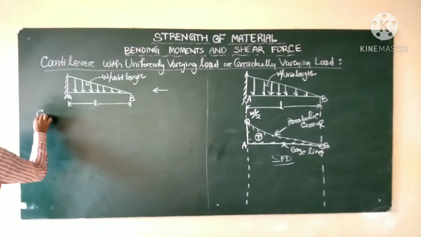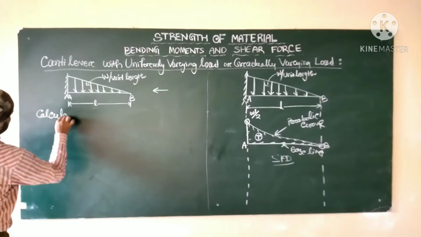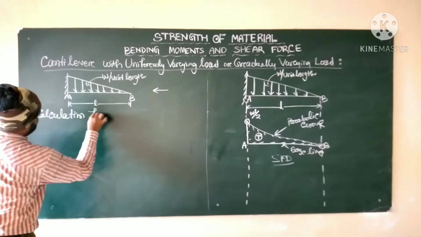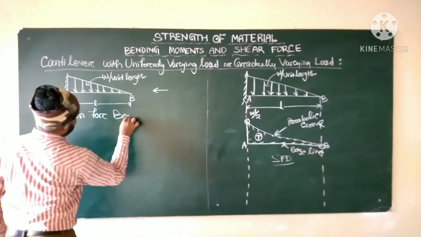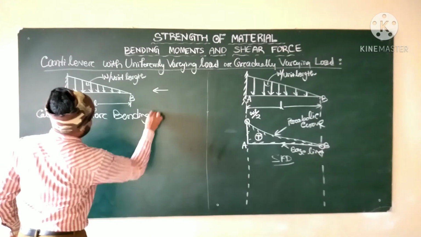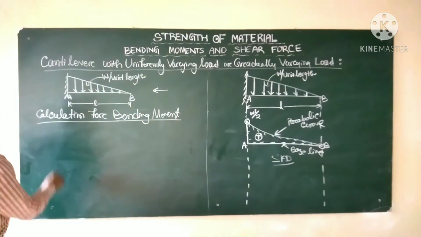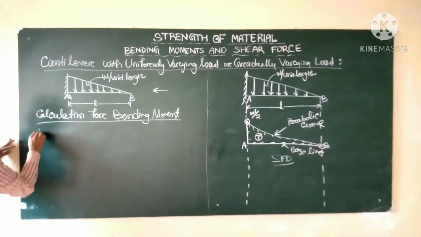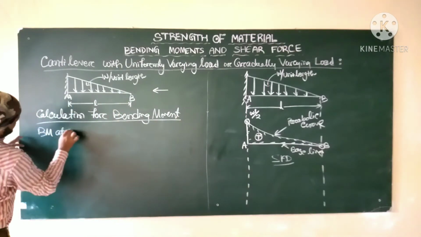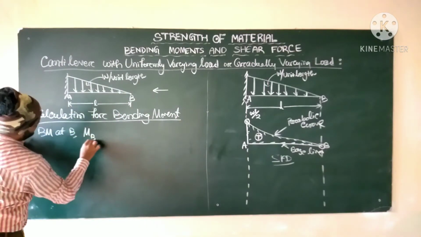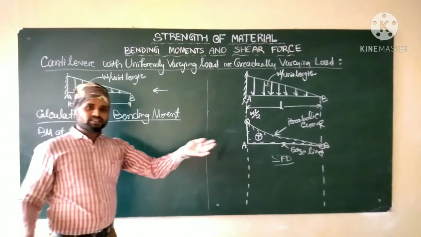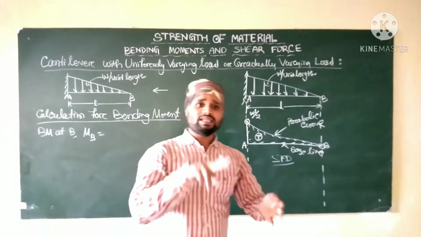Now, calculation for bending moment. First point B, next A. So bending moment at B, that is MB, equal to, the formula is minus W x square by 6L.